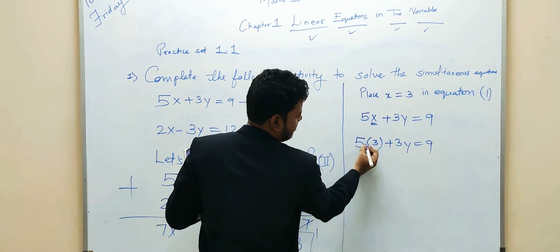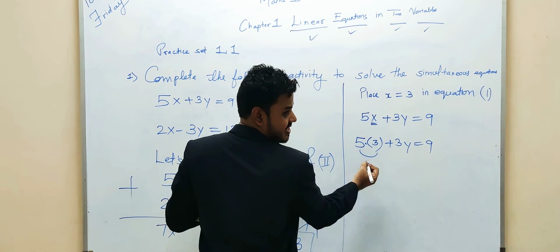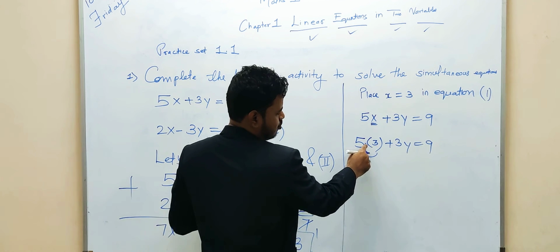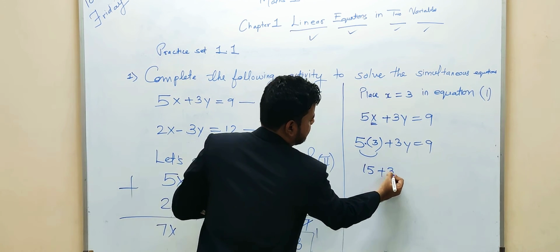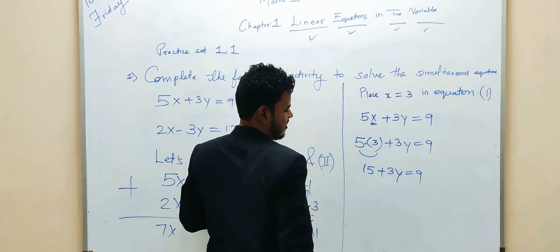5 into 3: there is no sign between them, only a bracket, which means multiplication. 5 times 3 is 15, plus 3y is equal to 9.